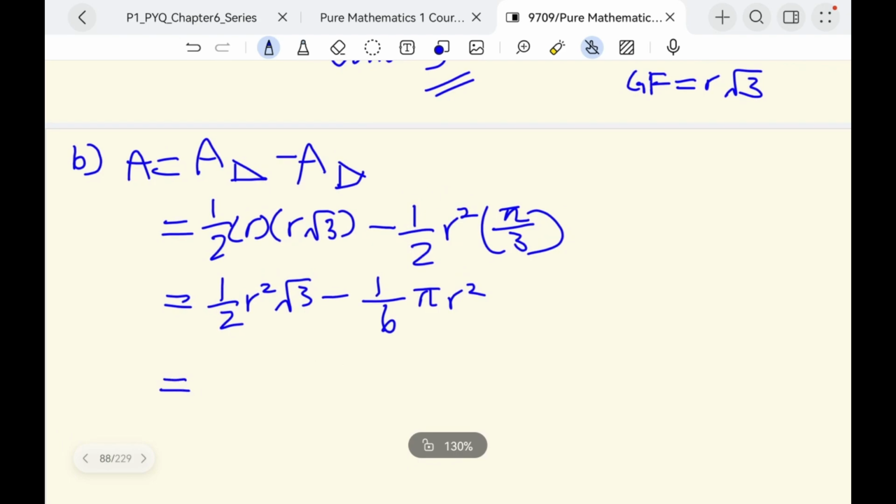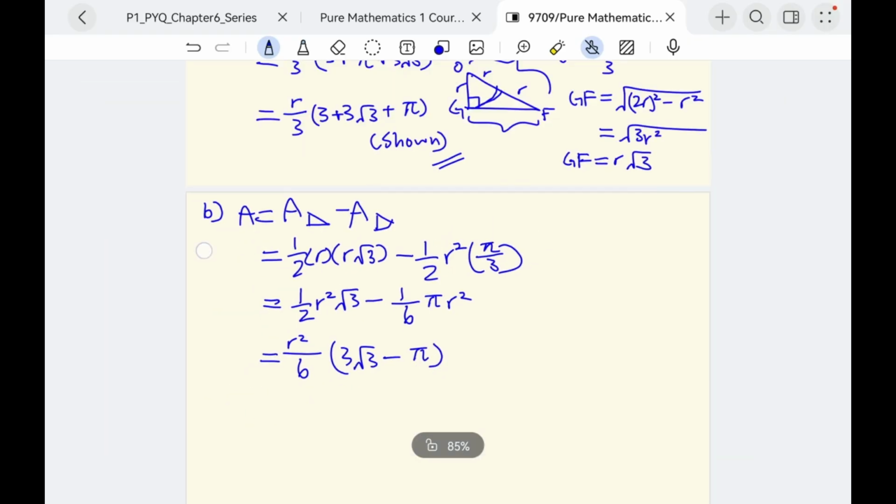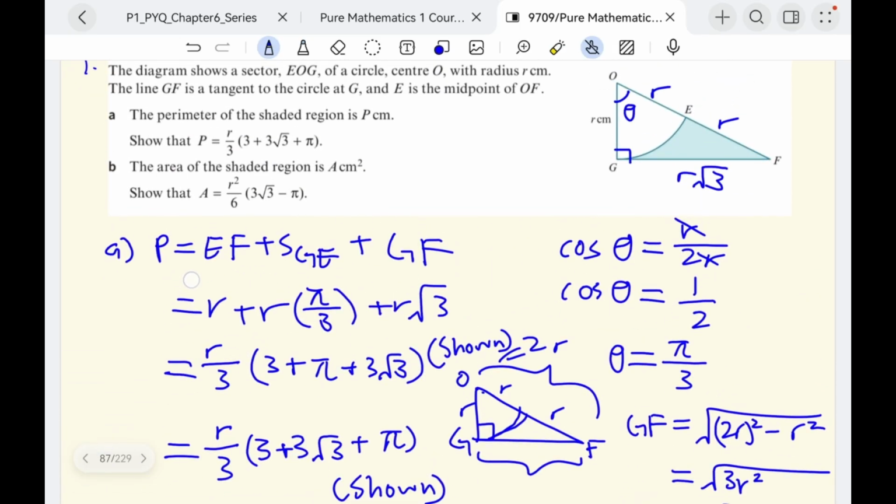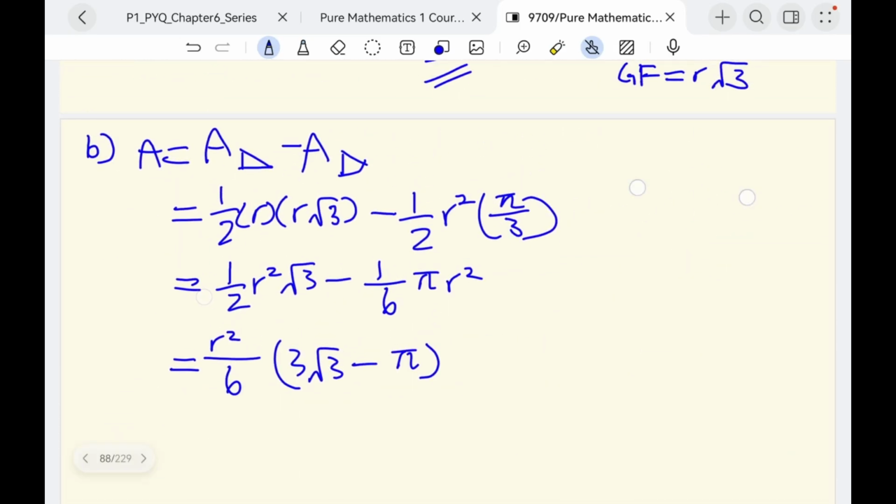So factorize the r squared over 6, so you'll get 3 root 3 minus pi, and you may verify your answers with the answer given again, and if correct, just put the word shown.